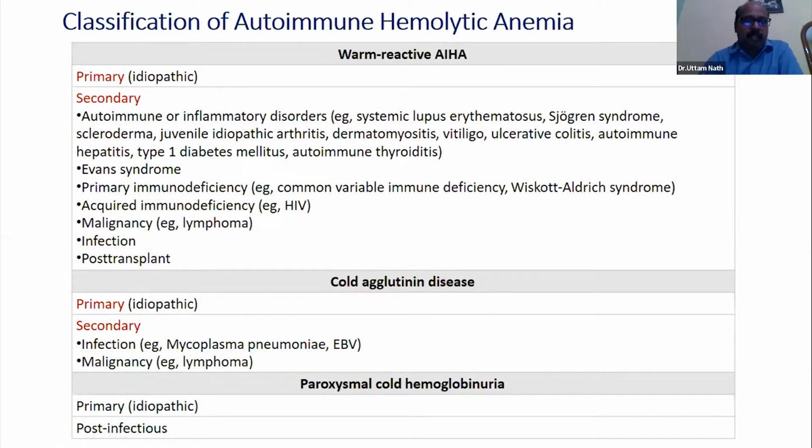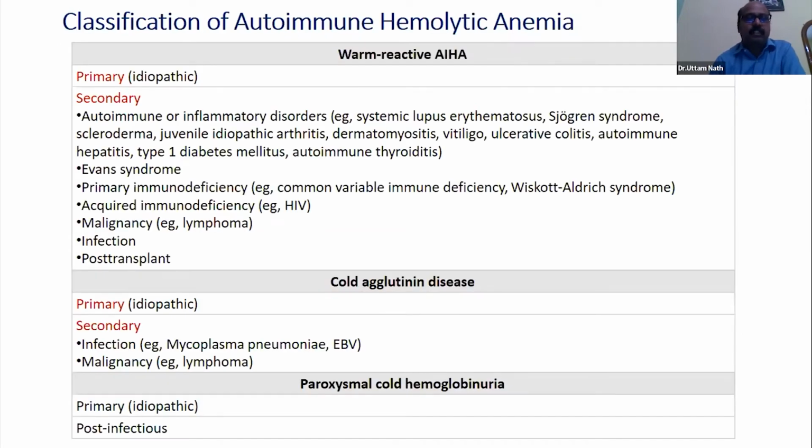Again, it can be primary or it can be secondary to different infections, viral infections, mycoplasma, SLE, rheumatoid arthritis, and malignancies, most commonly non-Hodgkin lymphomas. And then PCH or paroxysmal cold hemoglobinuria, which again is most commonly post-viral, but sometimes it can be idiopathic also.